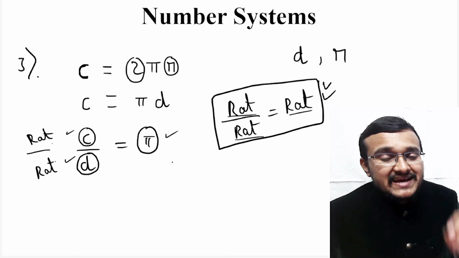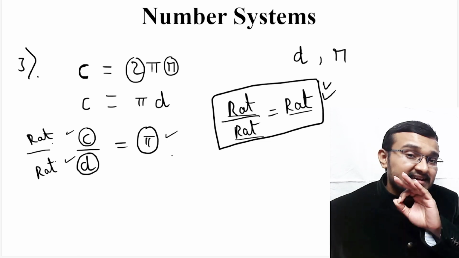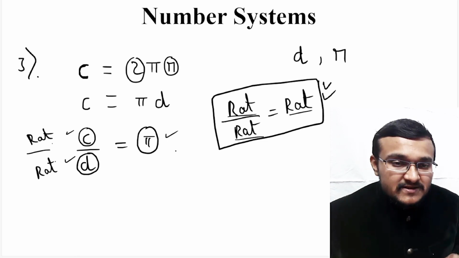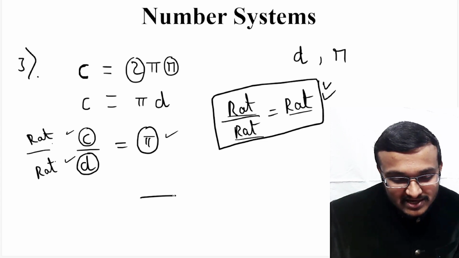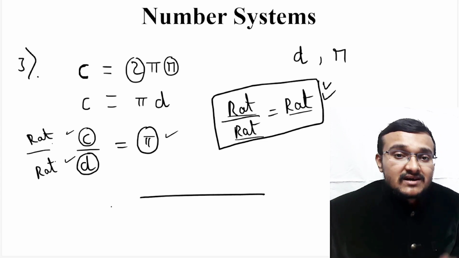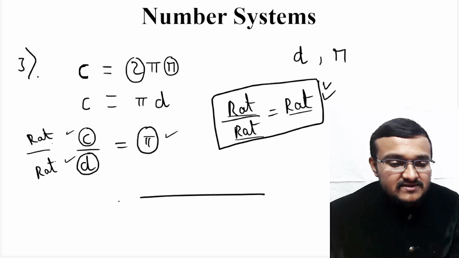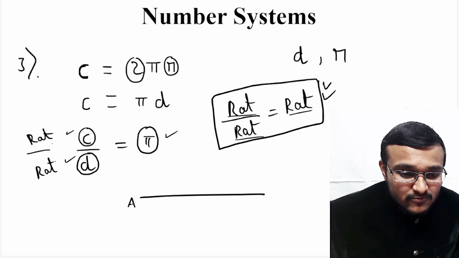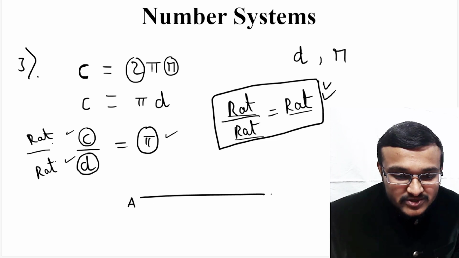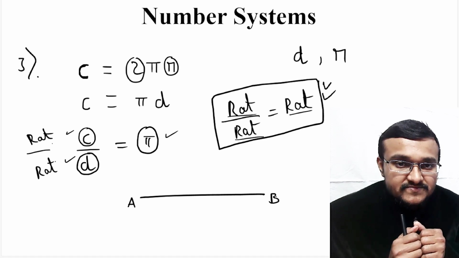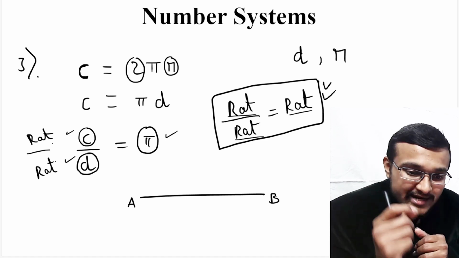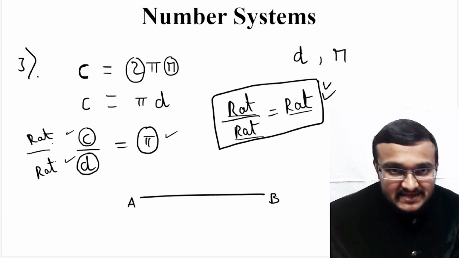Whenever you are measuring any length, what are you measuring? For example, I draw a line like this. Let's say this is the diameter of a circle, and one end of this diameter is known as A and the other end is known as B. From what point are you actually measuring on the scale?